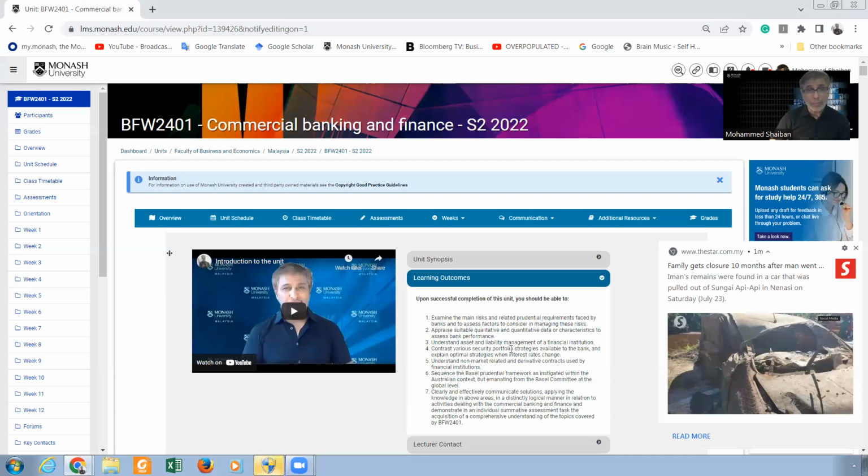But when we look at the picture of financial institutions, which this unit talks about, we are talking about commercial banking, banking in general, insurance companies, general insurance companies, life insurance companies, pension funds, mutual funds, hedge funds, what we call housing unions, credit union societies.